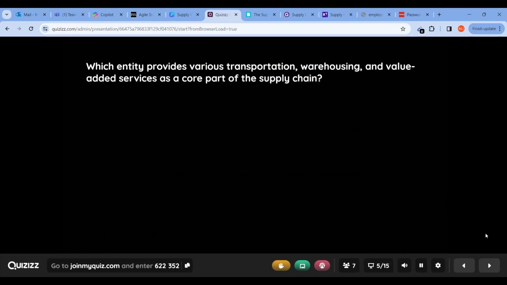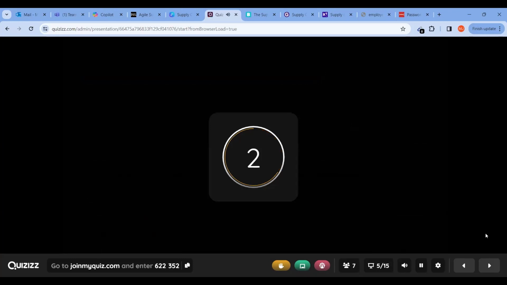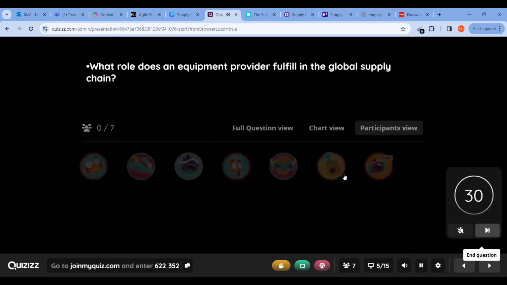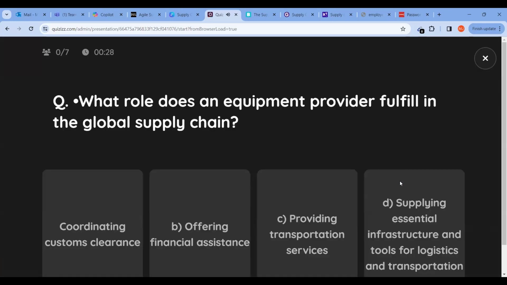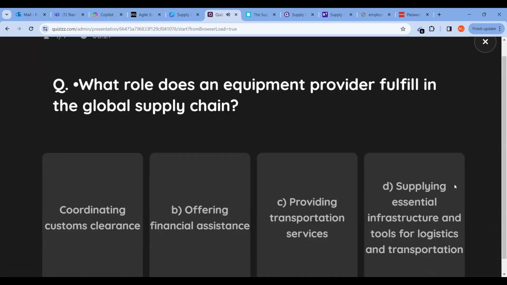Logistics service provider, LSP, yes. What role does an equipment provider fulfill in the global supply chain?